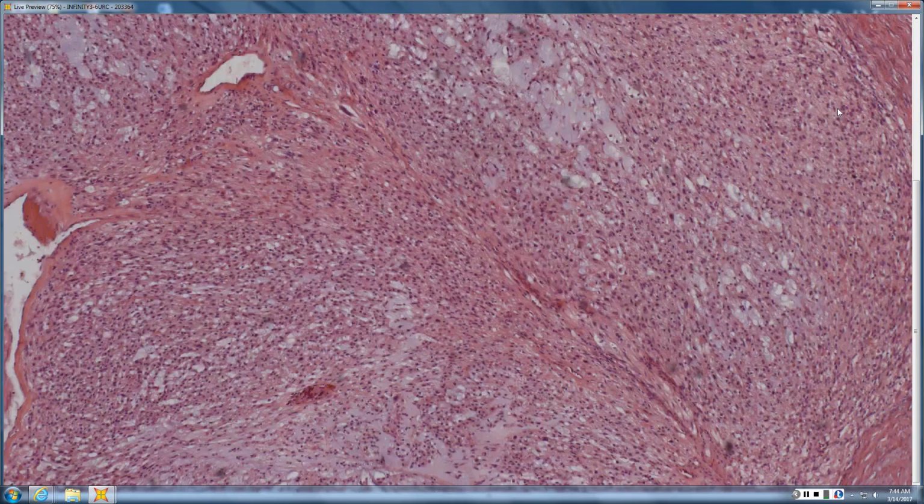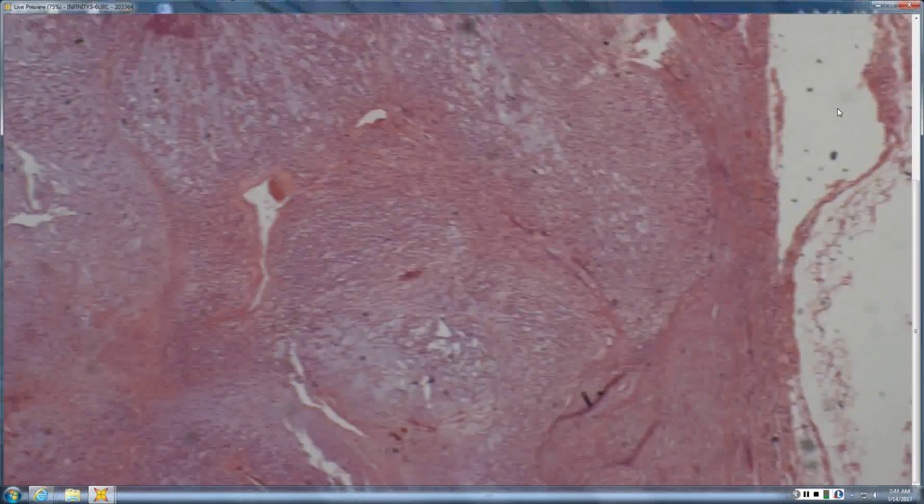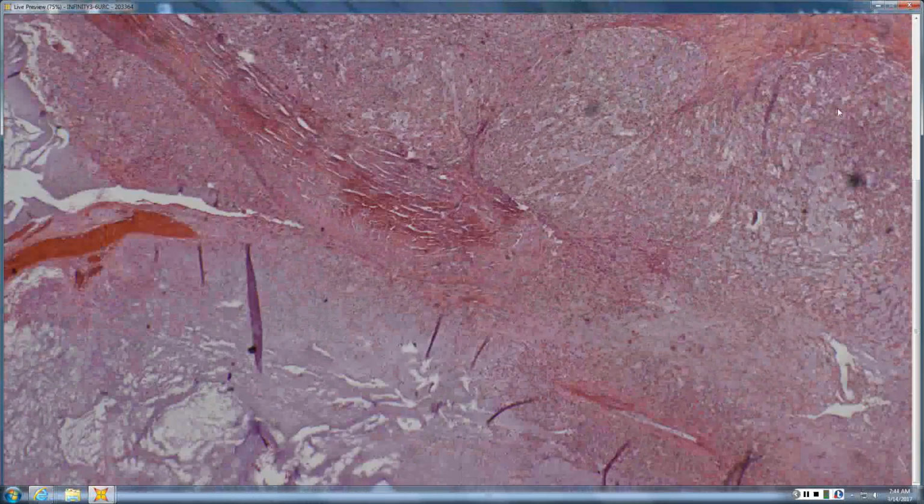So translocation sarcomas are things like DFSP. The cells aren't going to be very atypical, but you'll have lots and lots of nuclei. So is that a sclerotic DF? That particular one you could absolutely call a sclerotic DF.